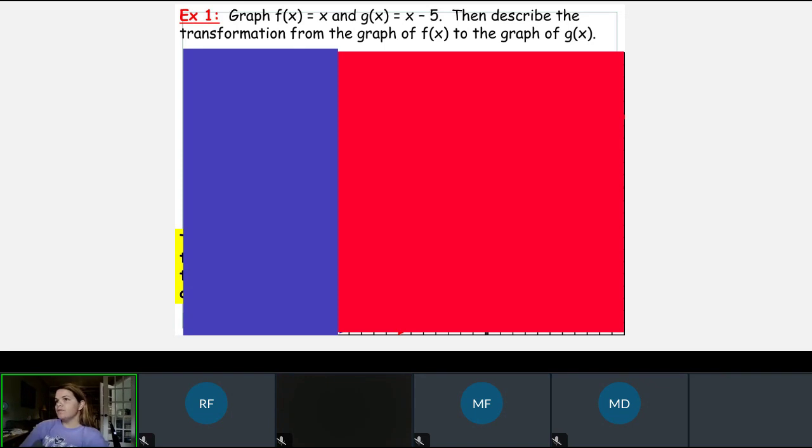Now, this new function, this is a transformation. Okay, so this is saying g of x, the new function, is the parent function x minus 5. So what we're going to do is graph the parent function and the new function g of x and see what happens.